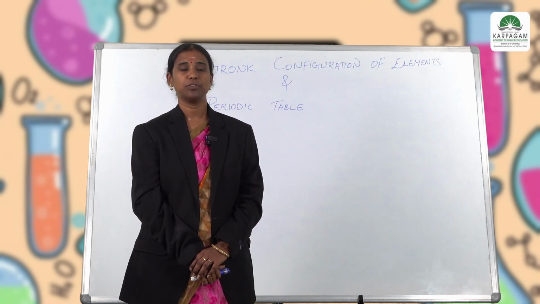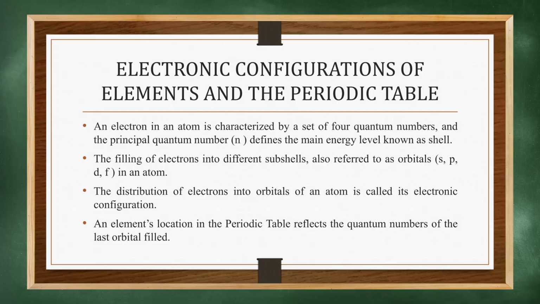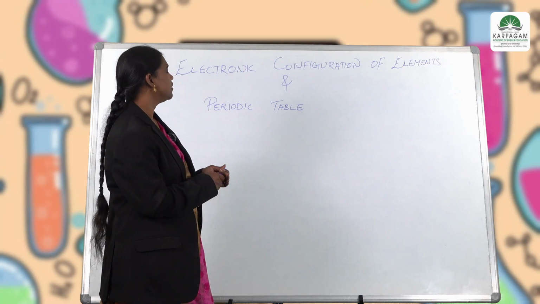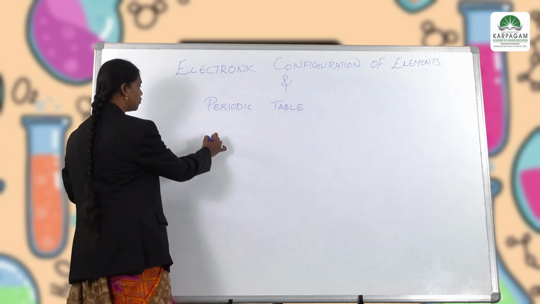In the last video we saw about the periodic law and the present form of the periodic table, and today we see about the topic electronic configuration of elements and the periodic table. In the periodic table, the electronic configuration of elements is classified into two types.